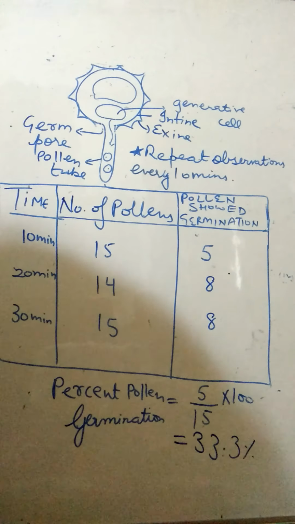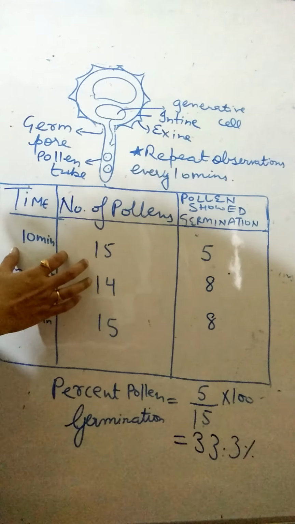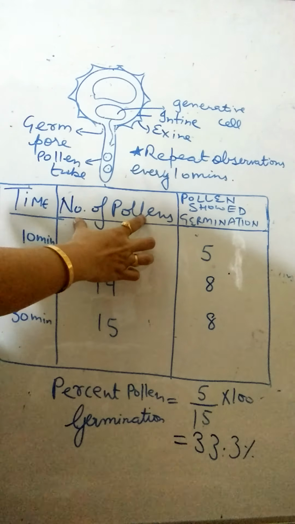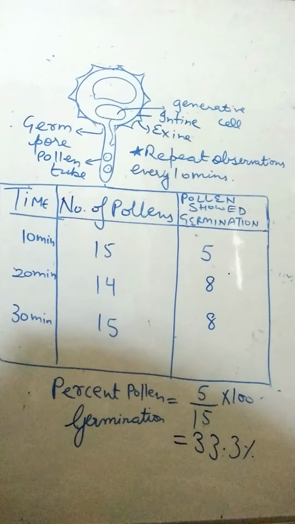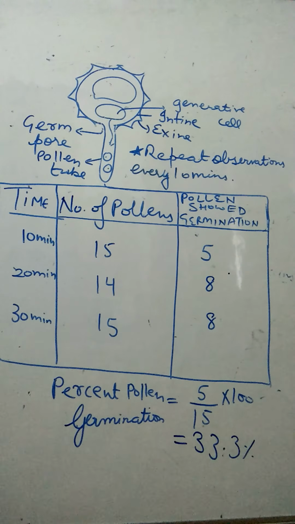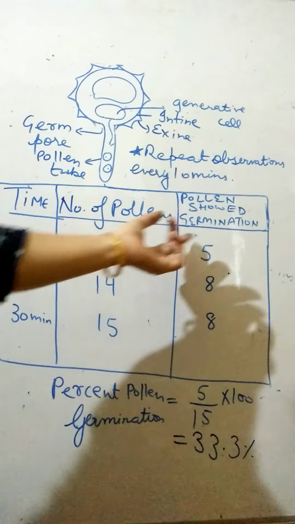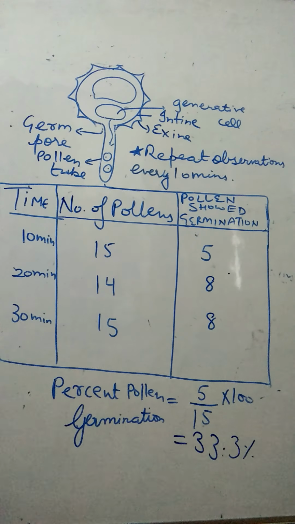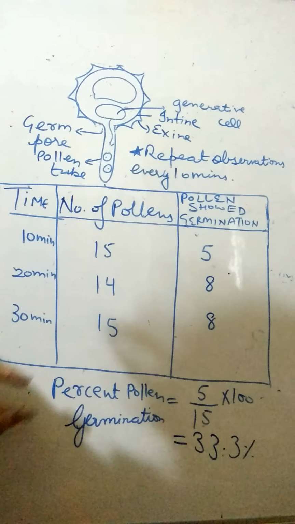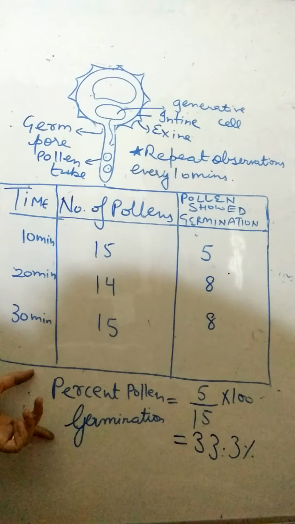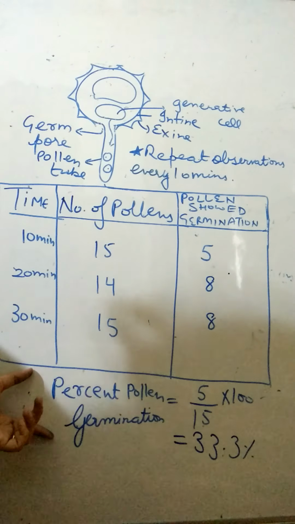Now we will see that we have to calculate the total number of pollens that we observe under a compound microscope, and among them how many are showing pollen grain germination. So we have to calculate the percent pollen germination shown by the pollen grains.